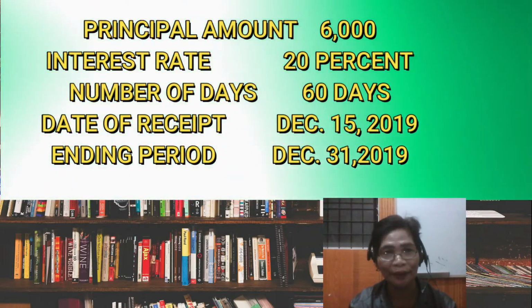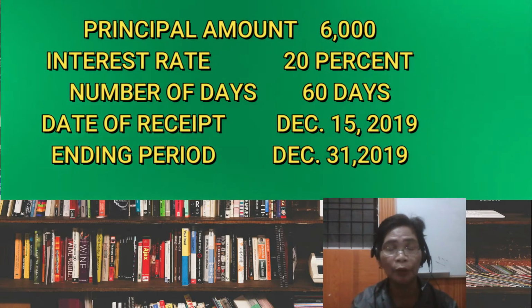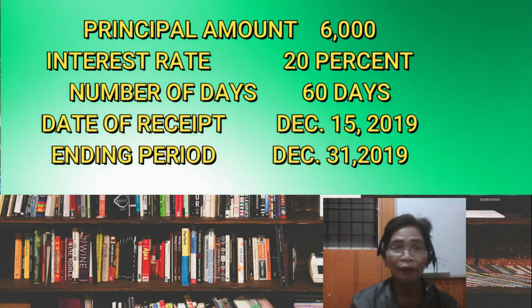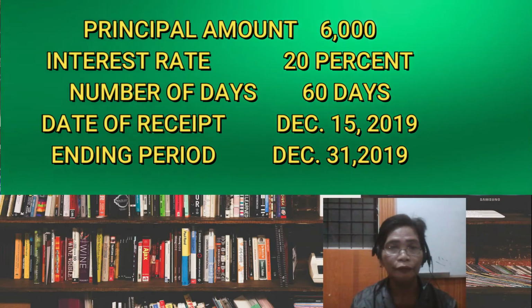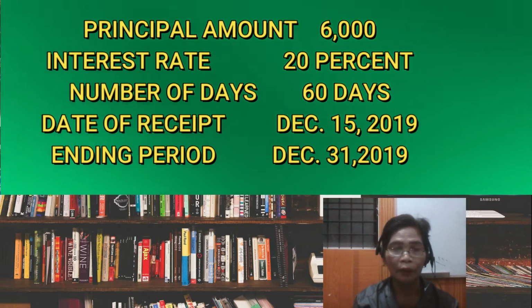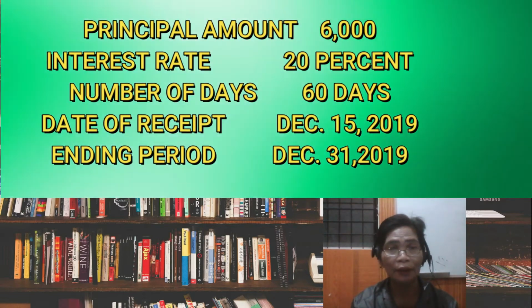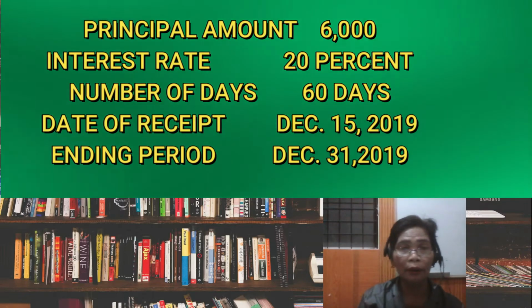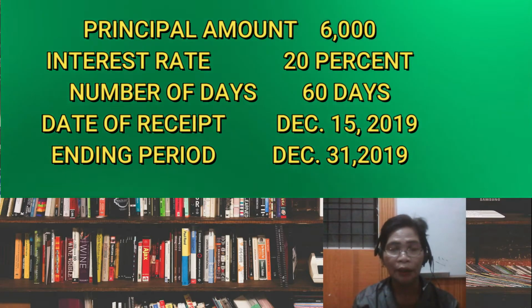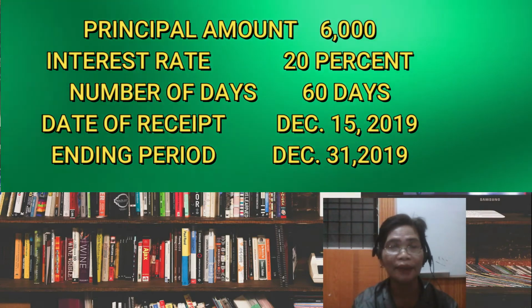First step, use the formula in mathematics which will give us the interest for that particular period. But you're going to use the yearly rate, because 20% is good for the yearly rate. So the formula will be PRT, principal times rate times time.